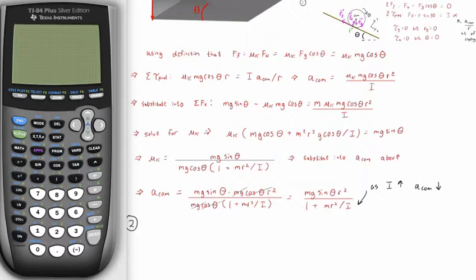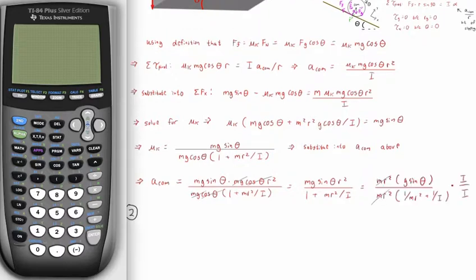Oh, hold on. I see that I've left off an I in my calculation, so let's fix that. Right here we should have had an I because it carried over from this one here. When we replaced our coefficient of friction with this whole expression, minus the I, then the original mg cosine theta r squared over I should have been all there.